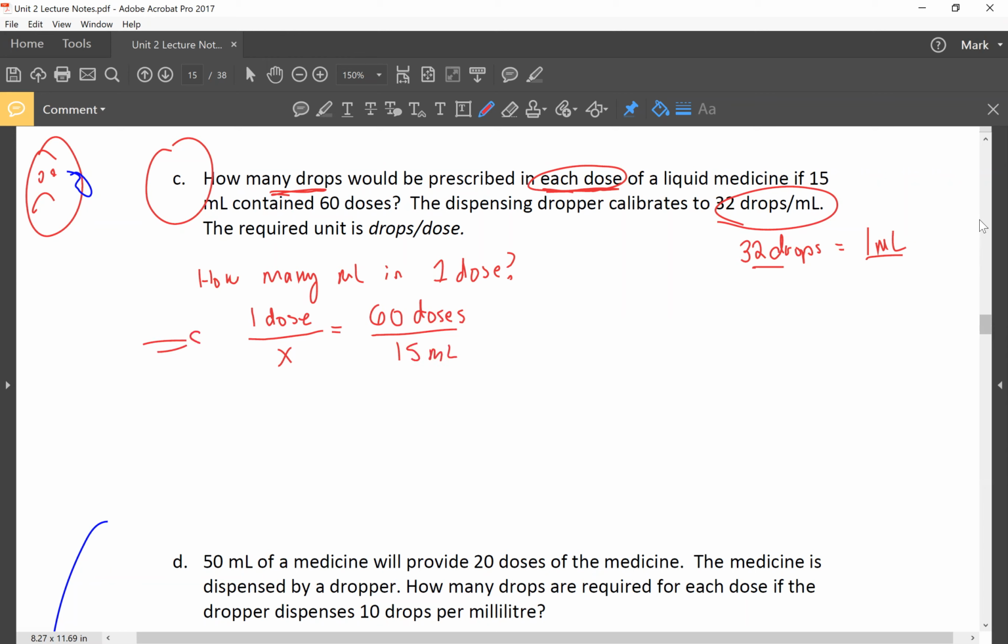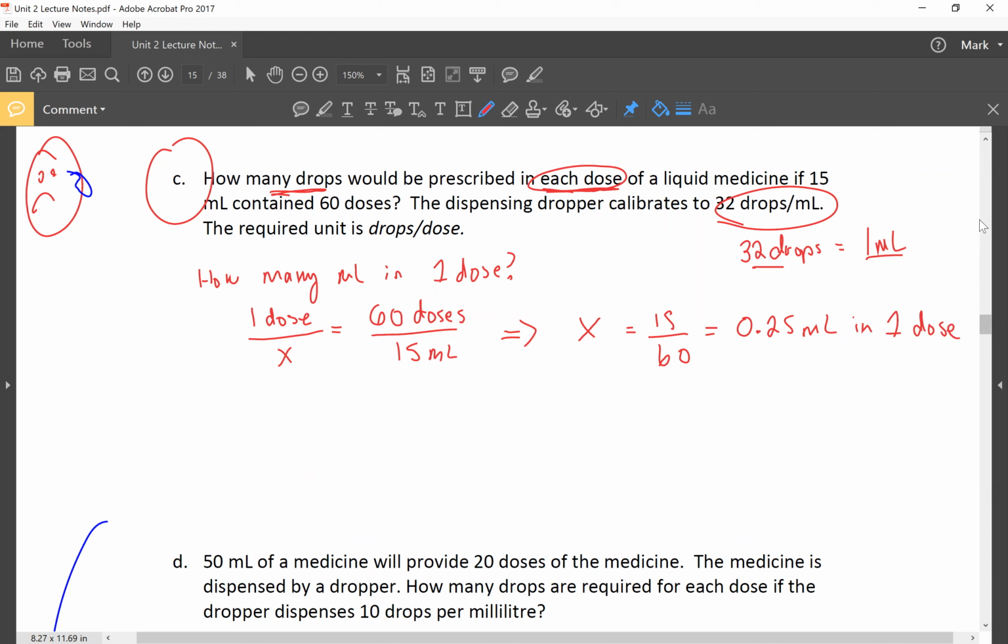So X is going to be 15 over 60, which is 0.25 milliliters. So there is 0.25 milliliters in one dose.